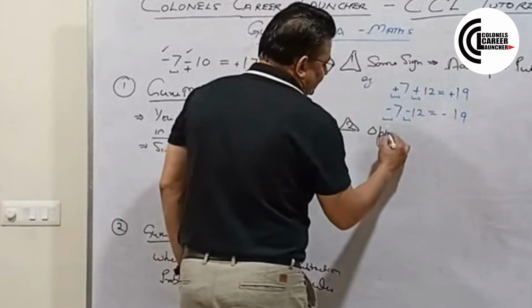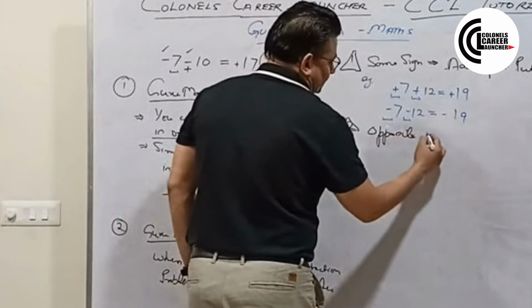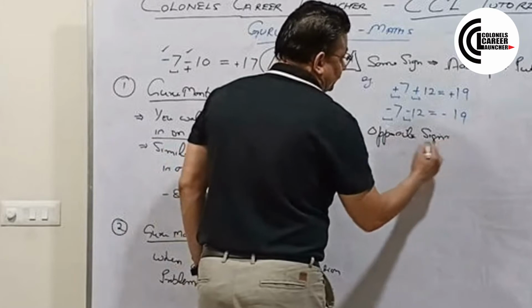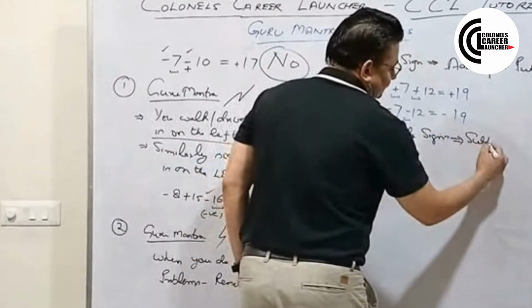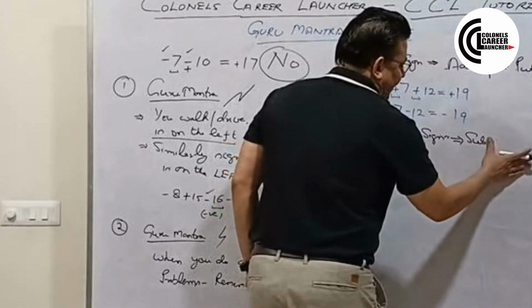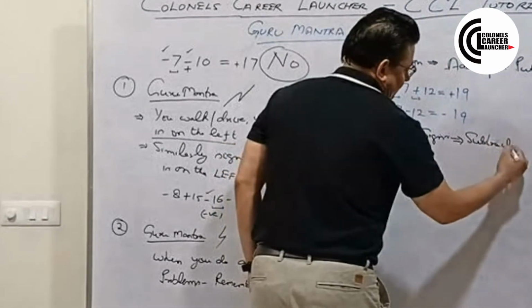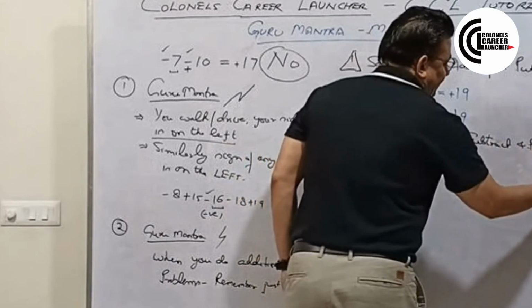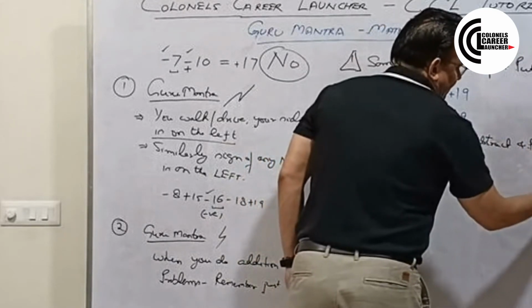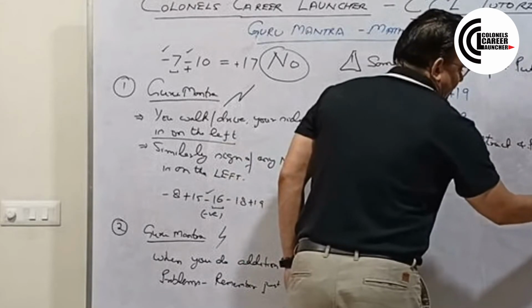Right. What will happen if the signs are different or opposite? So opposite signs, what should you do? Subtract and put the sign of the bigger number.